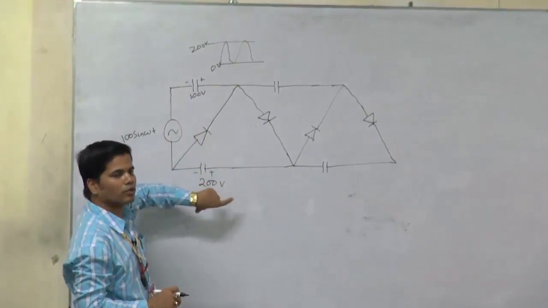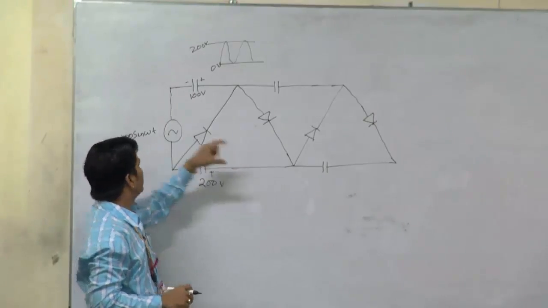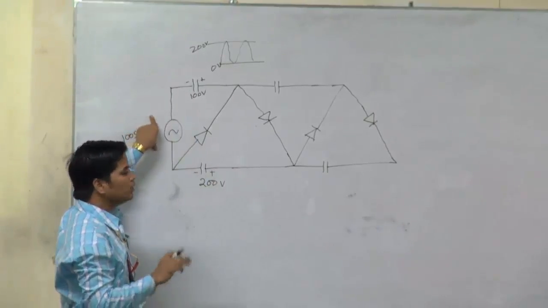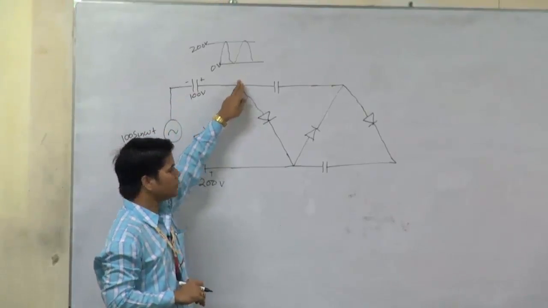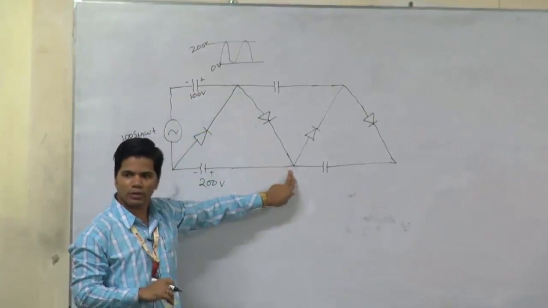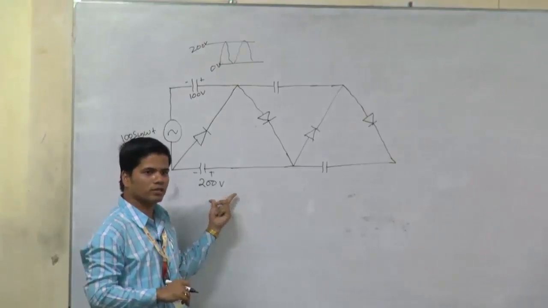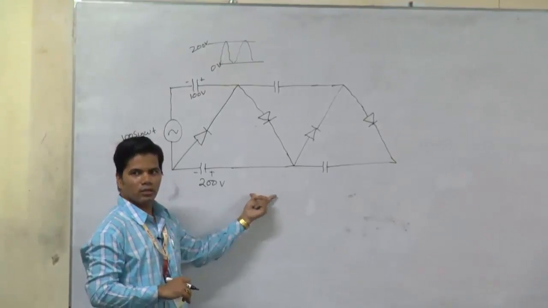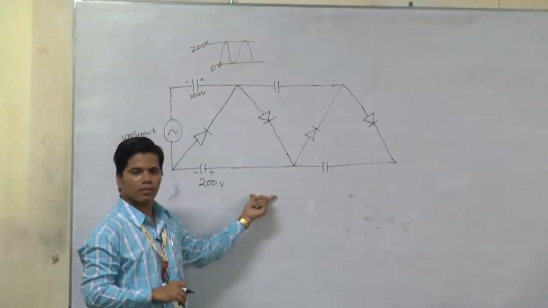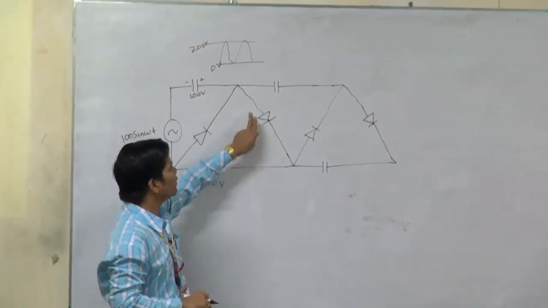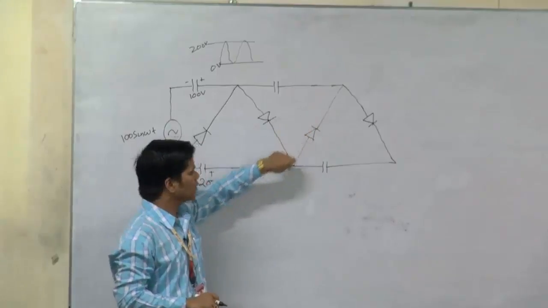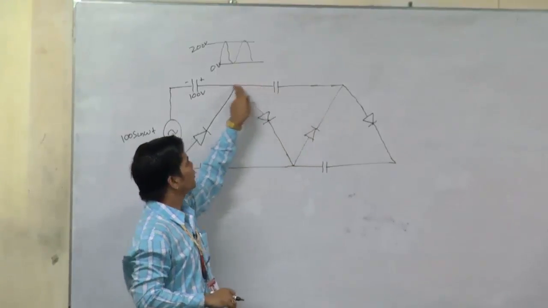So 100 volt you will get in this direction, and this is your 100 sin omega t. So finally this will be at the lower potential and this will be at the higher potential, because it is 200 volt in this direction. Clear? So this diode will be reverse biased and this diode will work during this connection.